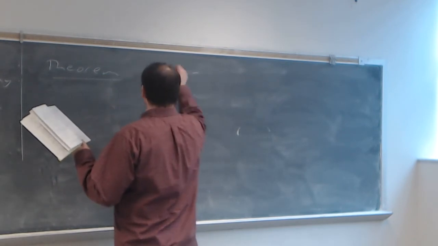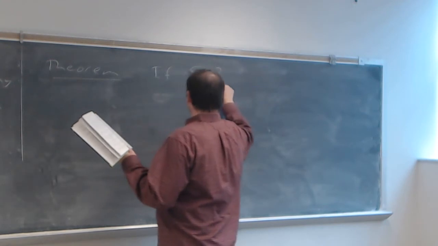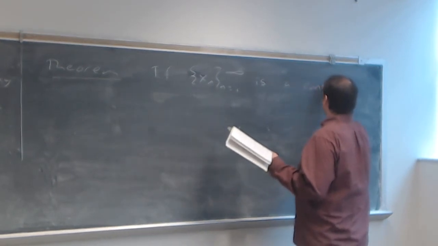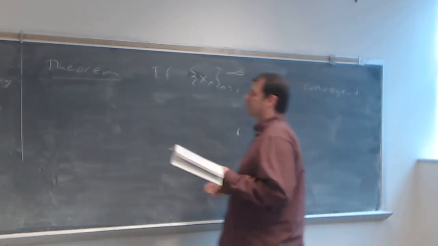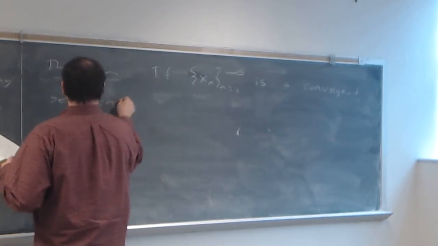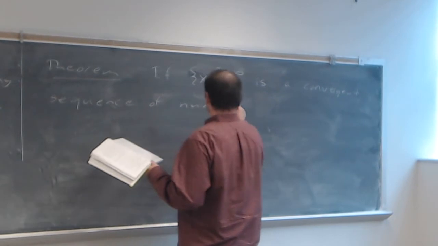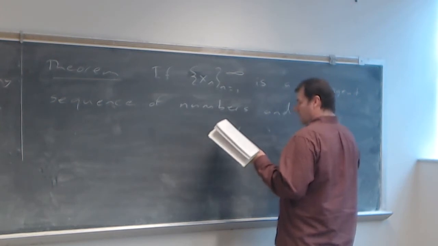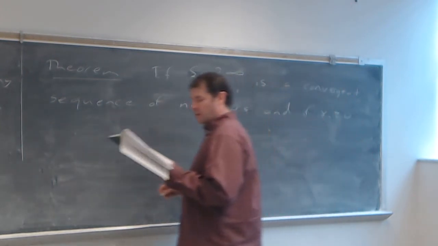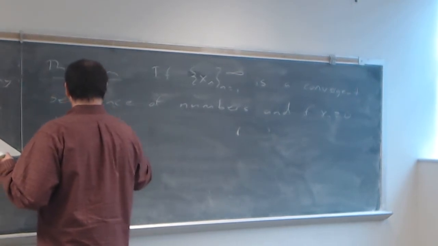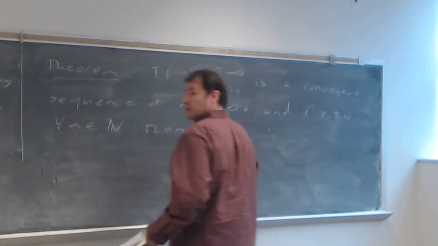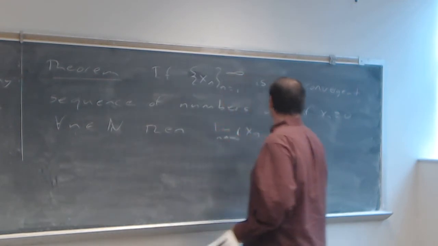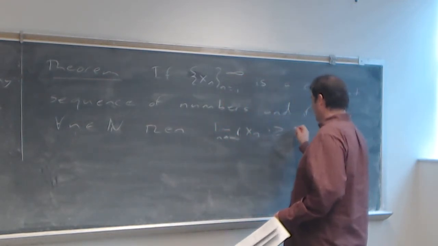It says, if x sub n is a convergent sequence of numbers, and if x sub n is greater than or equal to 0 for all n element natural numbers, then the limit as n goes to infinity of x sub n, whatever that is, so we know it converges, is going to be greater than or equal to 0.